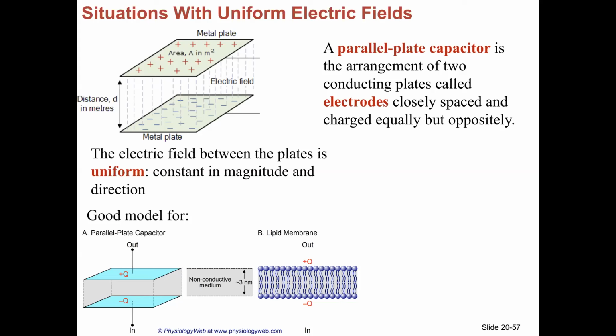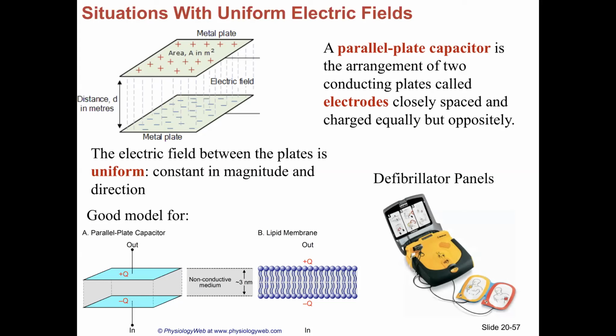So for today, we want to figure out what the electric field inside these plates looks like, and also how we can predict the strength of that electric field and its shape. As an example from engineering or medicine of a parallel plate capacitor, you can think of the defibrillator panels for restarting someone's heart if it goes into, I think it's arrhythmia, but biologists or you pre-med majors can correct me.